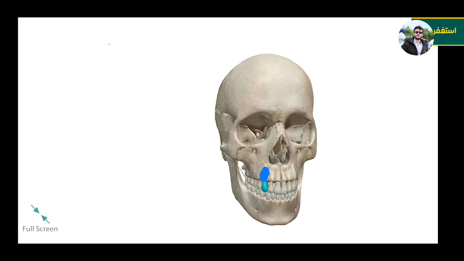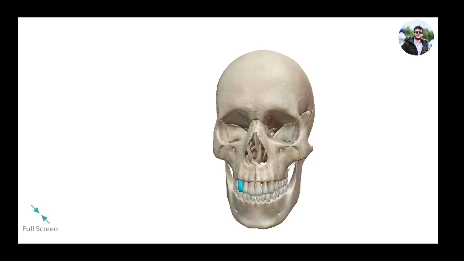For every projection there is a depression, so next to this projection there is a shallow depression called the canine fossa.